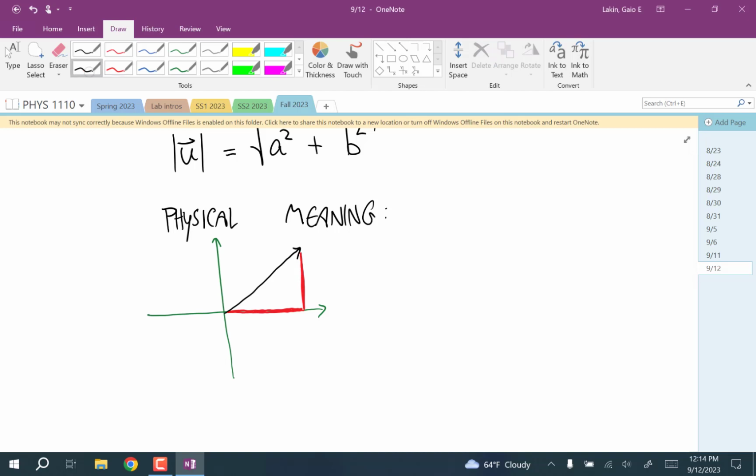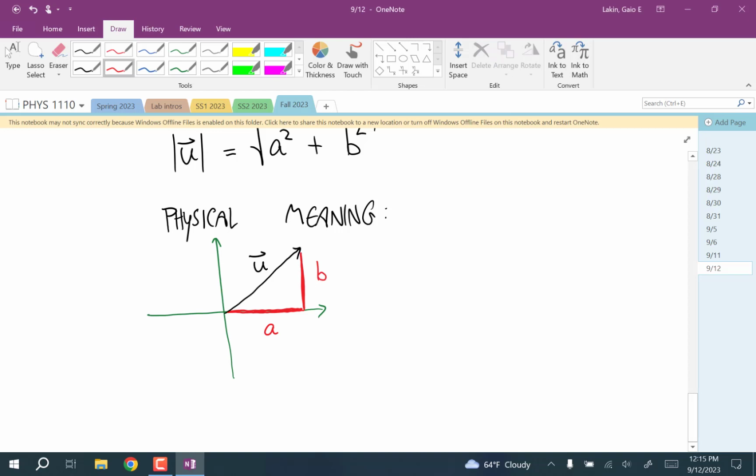So this black one would be the vector u. This would be the x component of u, and this would be the y component of u. Let me use the notation I did before. So this is a, this is b.